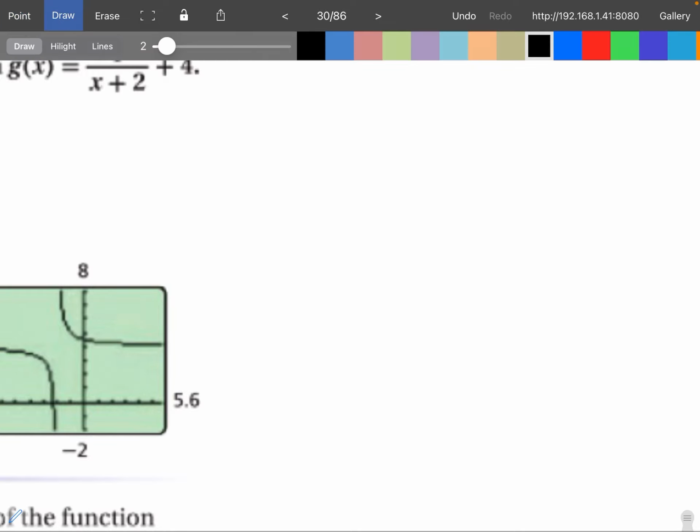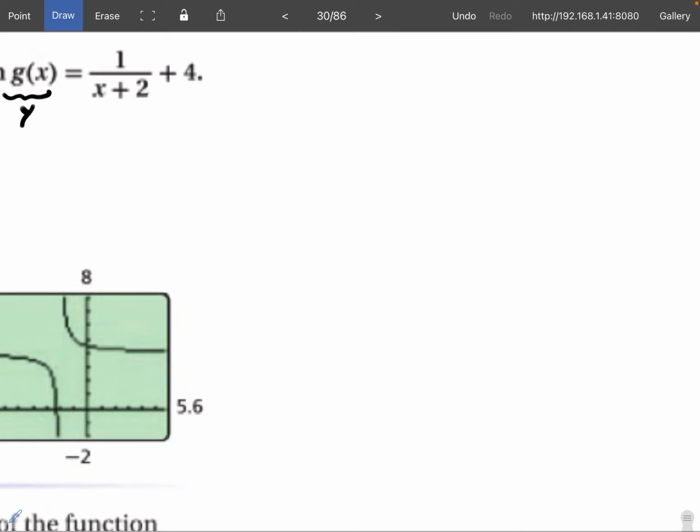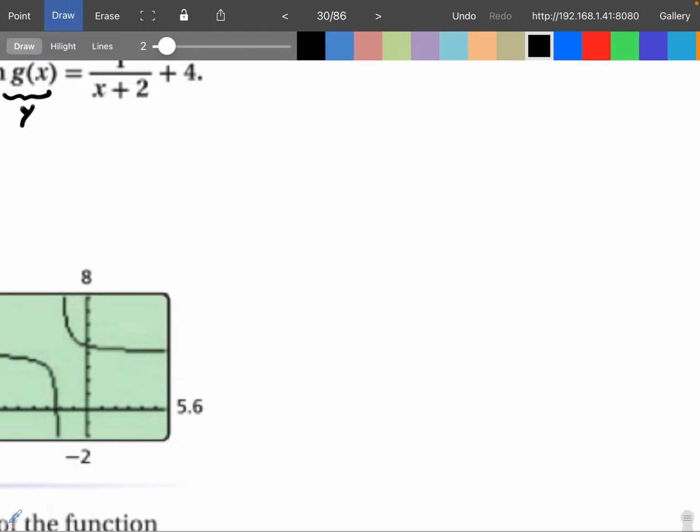Again, this thing is the same as y right here, right? So that's y. And then you guys tell me, what does the +4 do with it right here?